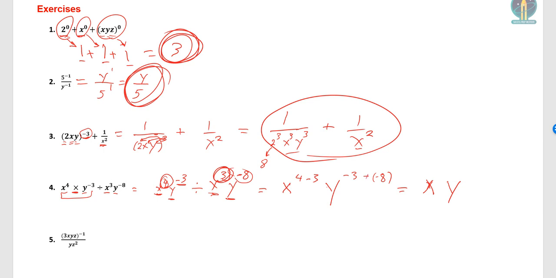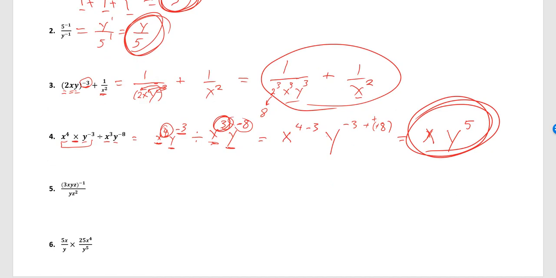The two negatives cancel and become a positive. So it's minus 3 plus 8, which is 5. And this is the answer.